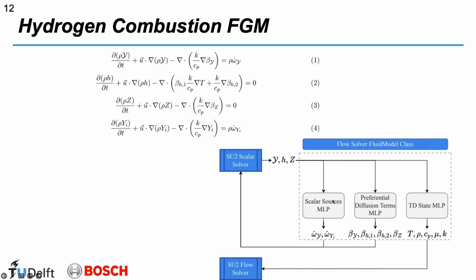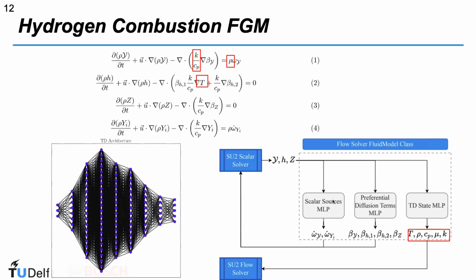Within this fluid model, I have 3 MLPs loaded. The first one is used for the thermodynamic state interpolation. This one returns the temperature, density, CP, dynamic viscosity, and conductivity based on the progress variable, enthalpy and mixture fraction. And right here you can see the network architecture that was found through hyperparameter search.